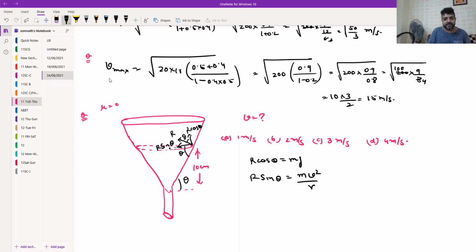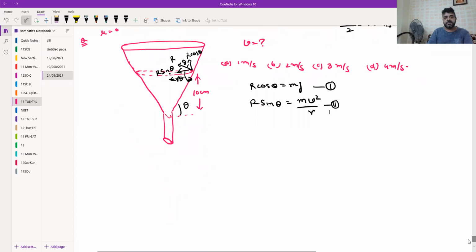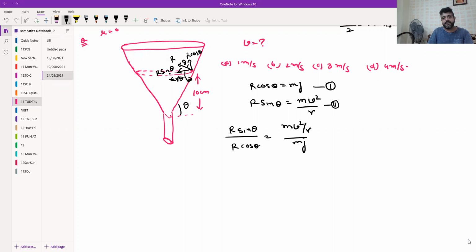Let r be the radius of the track. Let it be equation number 1 and equation number 2. Now, by dividing equation 2 by 1, R sin theta by R cos theta equals mv square by r by mg, that is v square by rg.